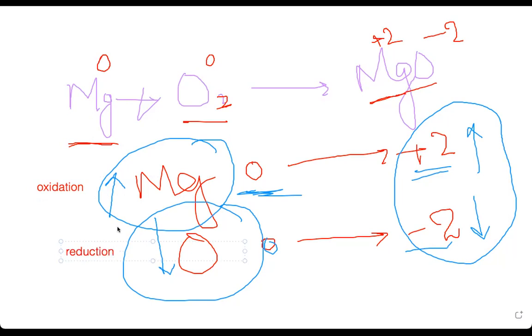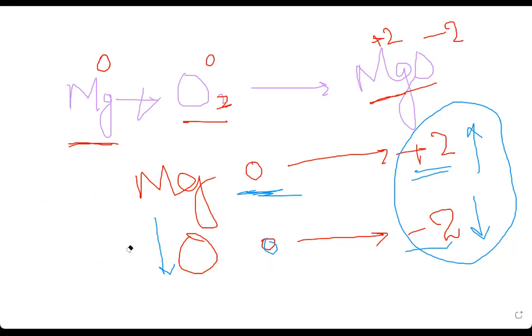But these are only two definitions right now. We have different definitions for oxidation and reduction. You can say we have different tricks to check if there is oxidation or reduction. Right now, in terms of oxidation state, if the oxidation state is increasing, it means there is oxidation. You can see for magnesium, the oxidation state is increasing. So magnesium is oxidized here because an increasing oxidation state is called oxidation.